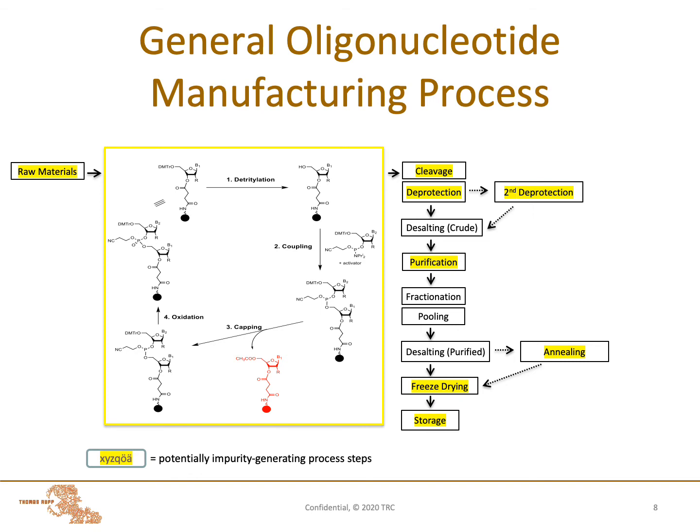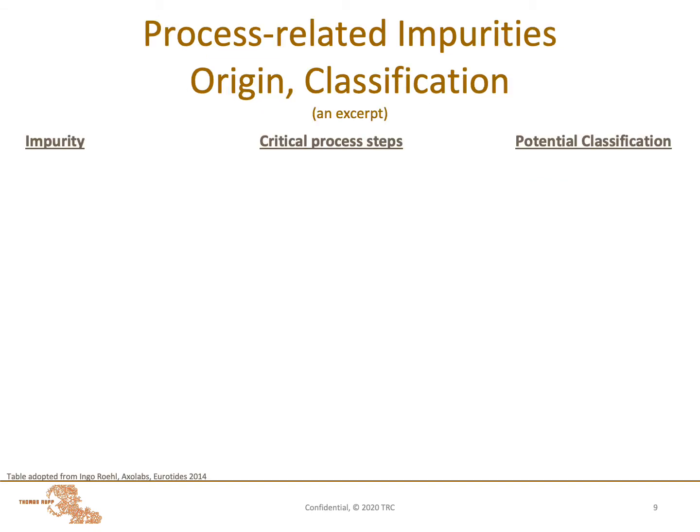So if we take these impurities and try to relate the process-related impurities to process steps, I've made this list here, and I've classified the oligonucleotides here as well. We have the internal deletions. These come from a resin. If the resin, for example, is a nucleoside-loaded resin and missing the nucleoside, of course, it comes from the synthesis and from the deprotection.